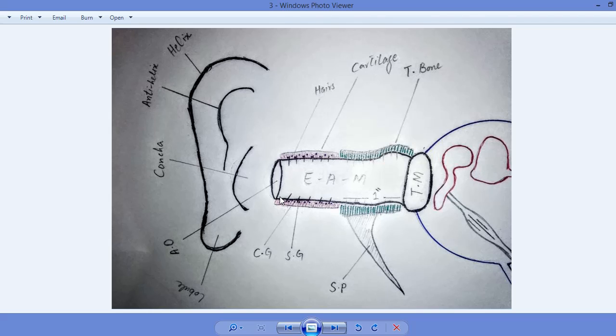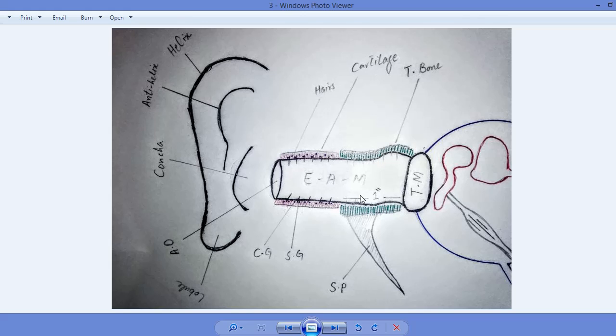As it goes onward, the hairs become short, and the hairs on the cartilaginous surface are strong and stiff, while the hairs on the bony part are not stiff or strong. They are fine hairs, and they are mainly on the superior surface of the bony acoustic meatus.